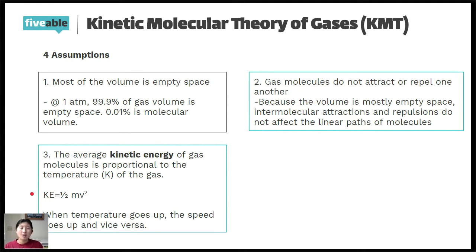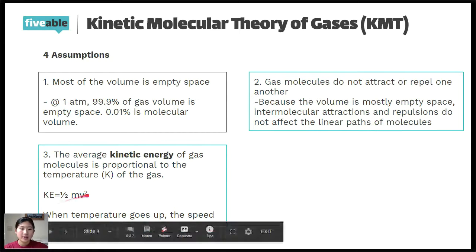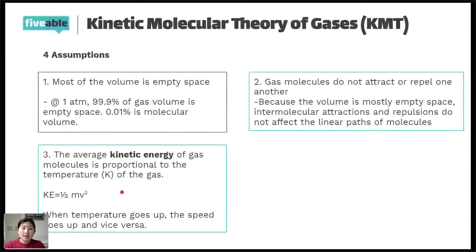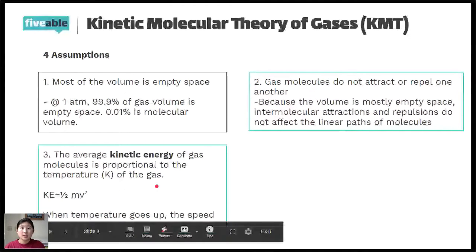In liquids, they vibrate more. But for gases, they're bouncing all over the place, right? They are free, moving at high speeds. So when you lower the temperature so low, it's literally freezing, then the speed will decrease to a point where it's basically a solid.